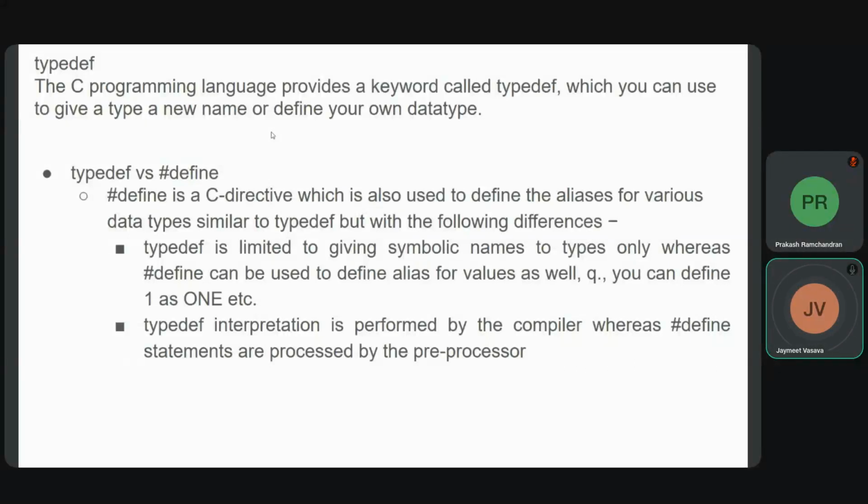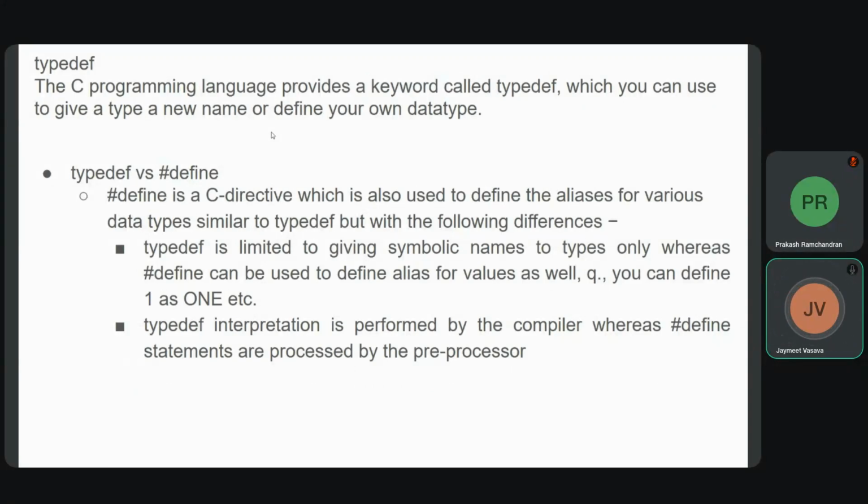So why do we use it if we already have a define directive? Typedef versus define. #define is a C directive which is also used to define aliases for various data types, similar to typedef, but with the following differences.